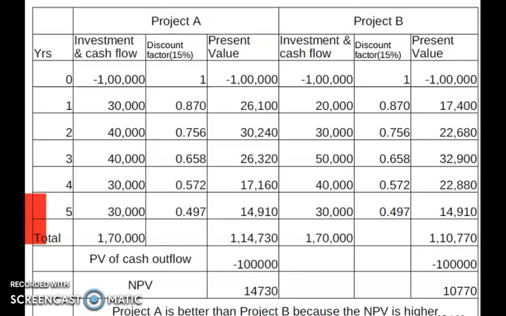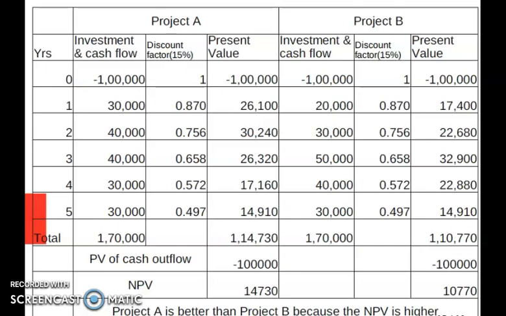So you should refer to the present value table and find what the discount factor at 15% for 1 year is. It is 0.87. So multiply 30,000 with 0.87 and you get 26,100.